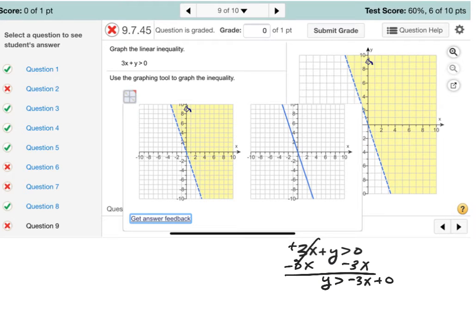I'm going to go ahead and write out my y-intercept of 0. Now we want to determine the graph of the line. We'll first graph the y-intercept of 0, and then we have a slope of -3 over 1.